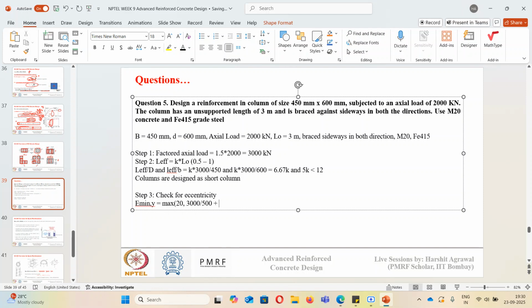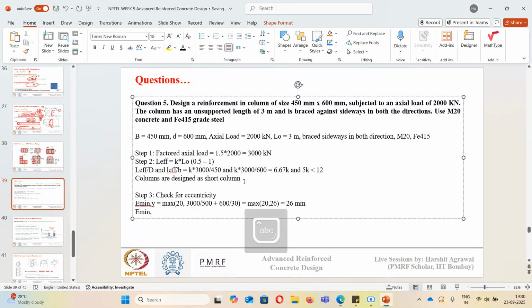In Y direction, D is my 600 mm, so 600 by 30. So when you do this calculation, it is maximum of 20 comma 26. So E minimum in Y direction is 26 mm, and E minimum in X direction will be maximum of 20 comma 3000 by 500 plus 450 by 30.